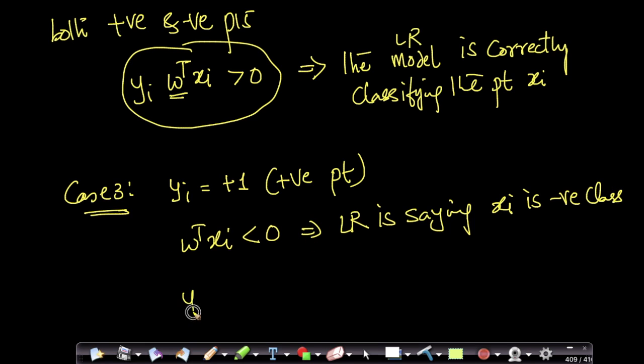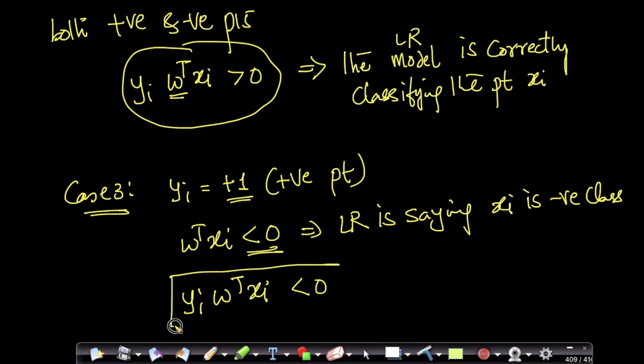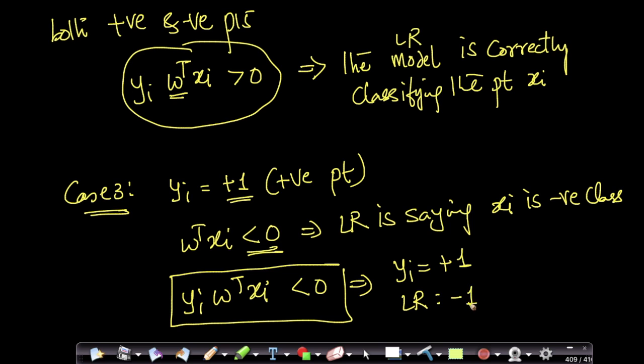Then what happens to yi w transpose xi? This will be less than 0 because this is a negative number and this is a positive number. When you multiply a positive number with a negative number, you get a negative number. So your true class label is +1, but your logistic regression is concluding it to be -1, which means this is a misclassified point.